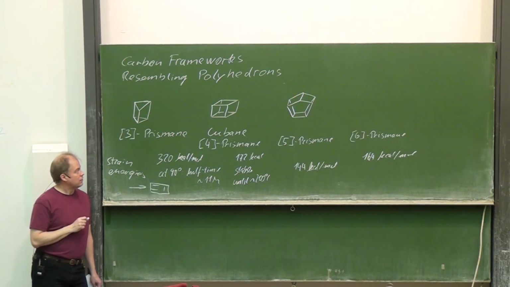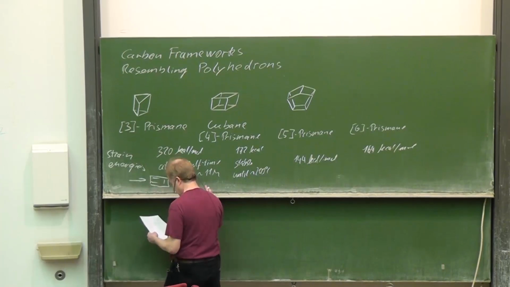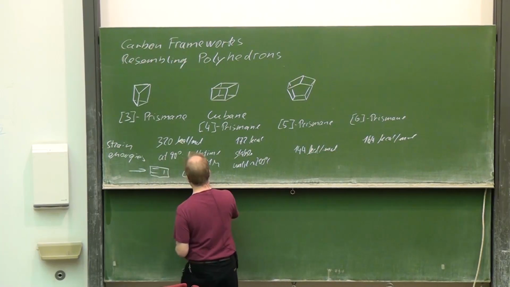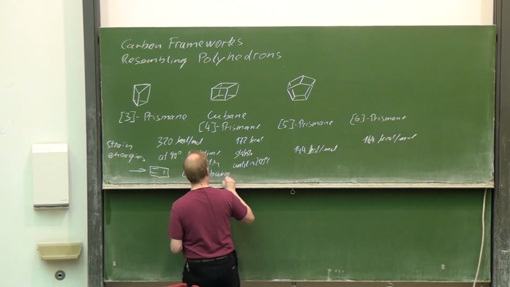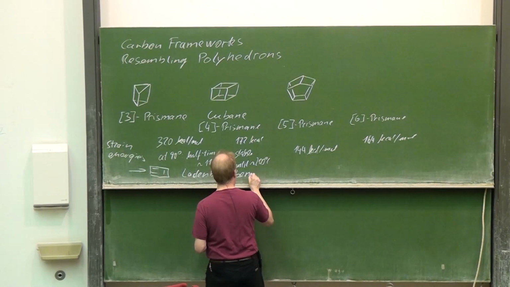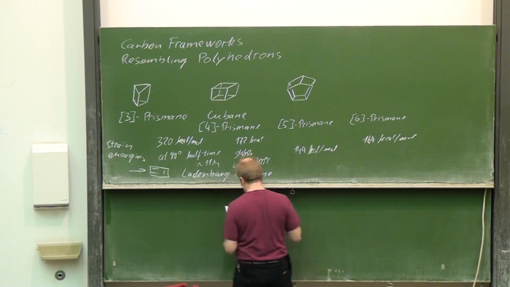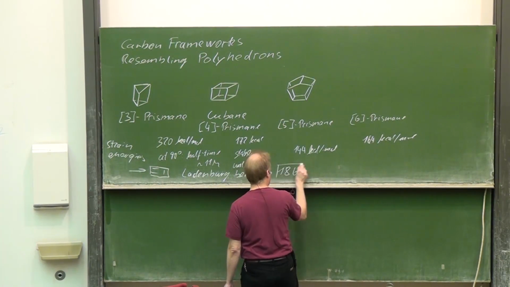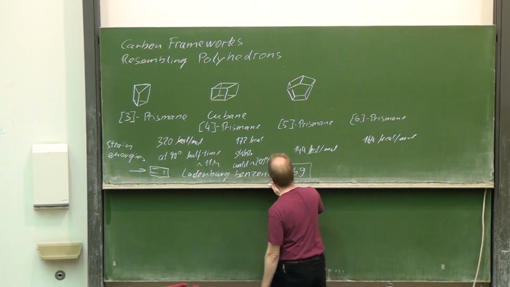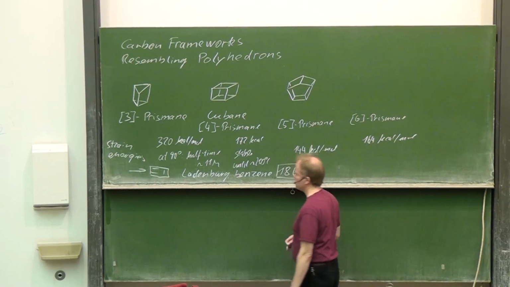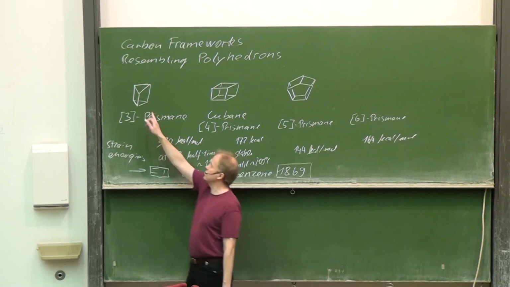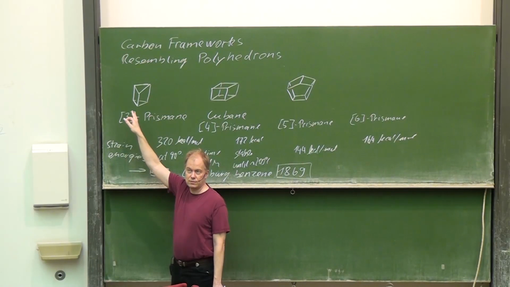In fact, the original name of the 3-prismane is the Ladenburg benzene, since the chemist Ladenburg suggested in the year 1869 that this is the structure of benzene.